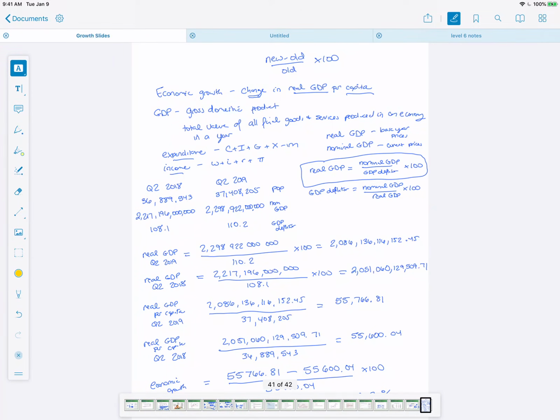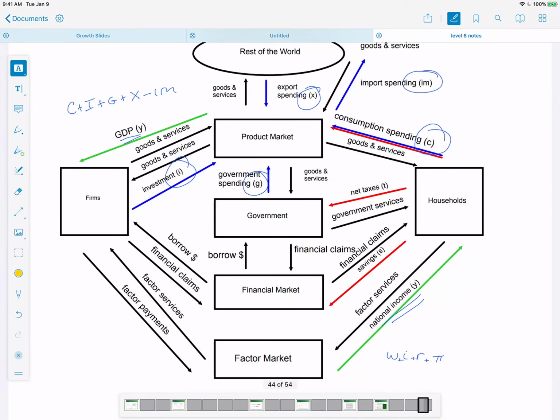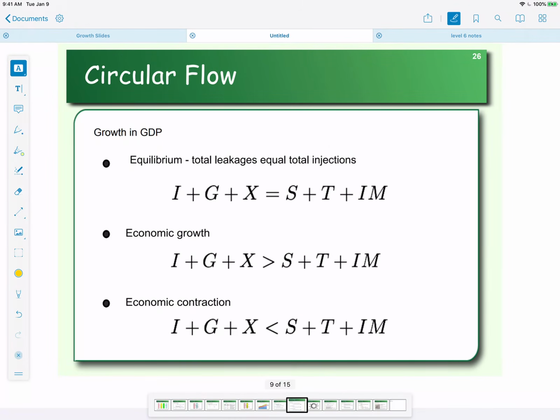All right, so we've been looking at that circular flow diagram and measuring the size of the economy. So when we look at the economy growing or shrinking, we can do the expenditure approach or the income approach. Now, if our leakages are more than our injections, then the economy is going to shrink.